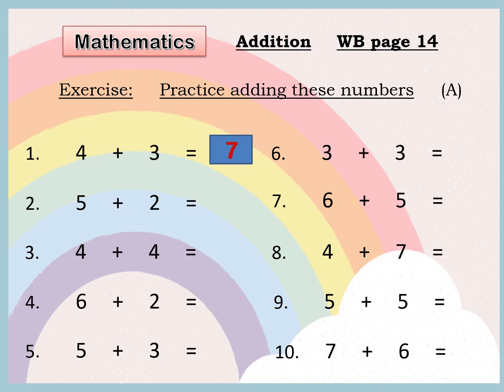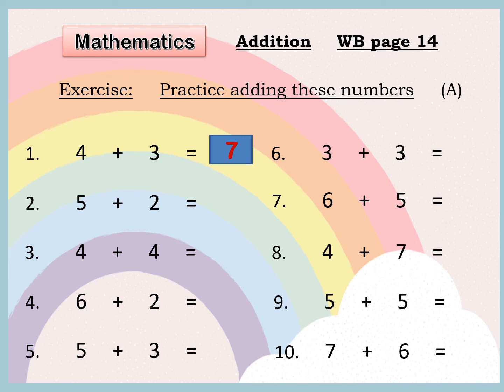We have 5 plus 2. What I want you to do is count 5 using your fingers again. 1, 2, 3, 4, 5. And then on the other side of your hand, count 2 fingers. 1, 2.